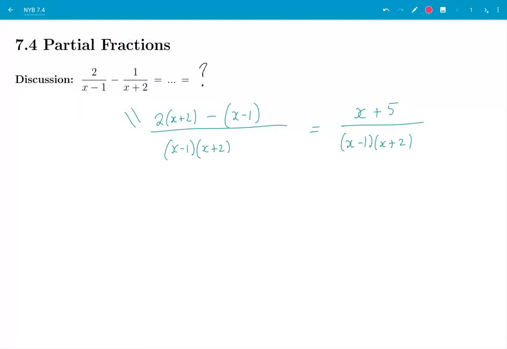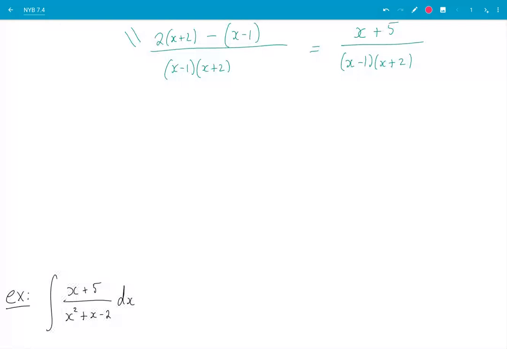So we'll be taking a single fraction and decomposing it into partial fractions, so 2 partial fractions or 3 or more. And we're going to develop a systematic way to go from here to here, so to go from right to left. To go from left to right, that's easy, but right to left is probably something new.